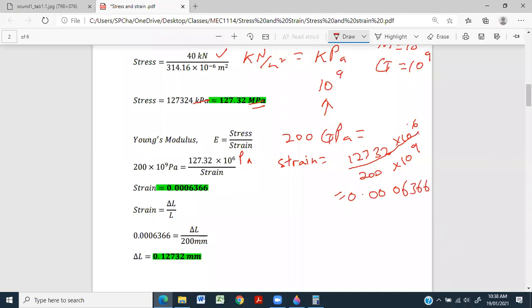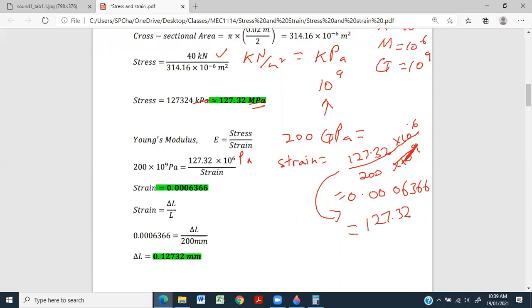Maintaining this. An easy way to do it, how I do it, is we remove this power from here. So this here becomes, put this down here. Hope you guys are following, and I'm not writing too scrawly, right? 127.32 times 10 to the minus 3, right? Divided by 200. Now, how I get this minus 3 is I move this base on this power, this 10 to the 9, to the top.